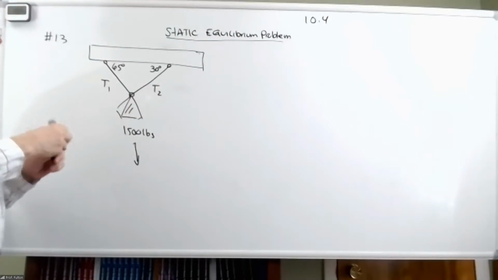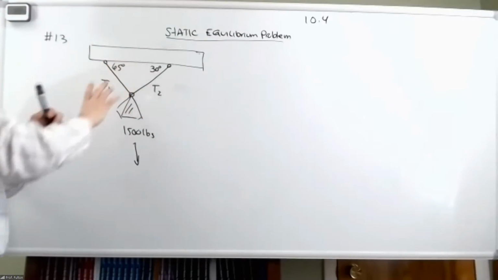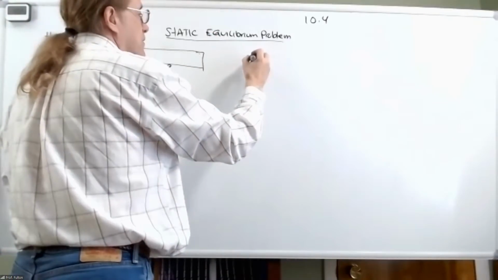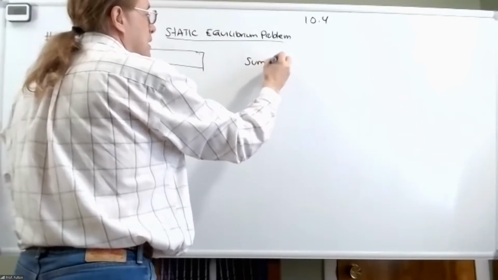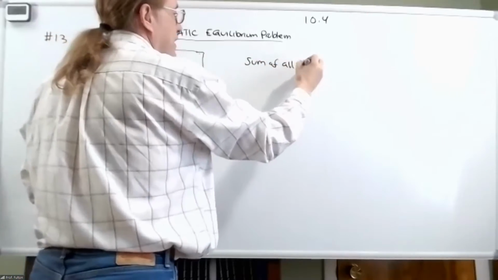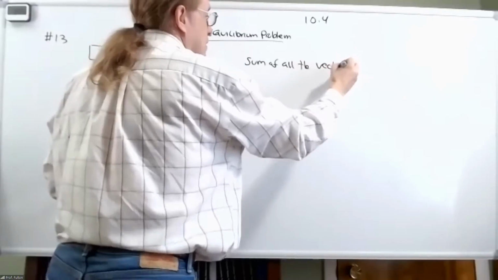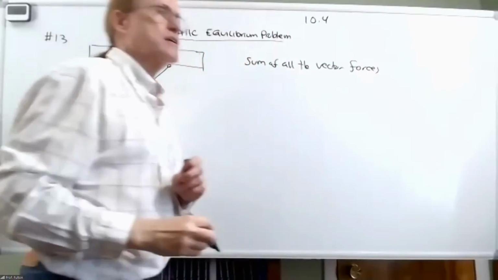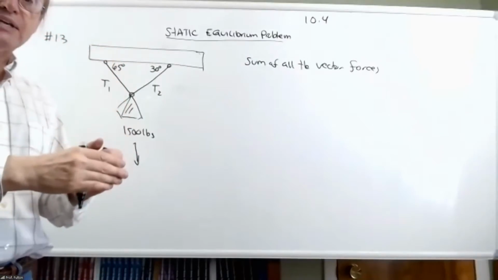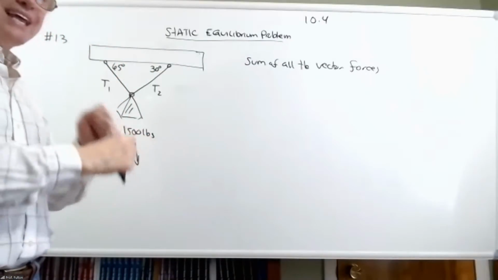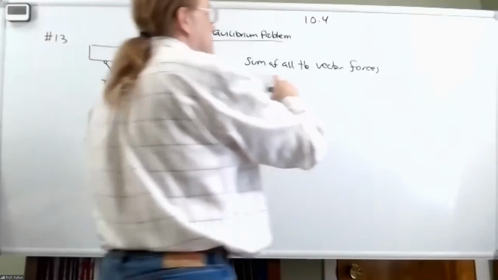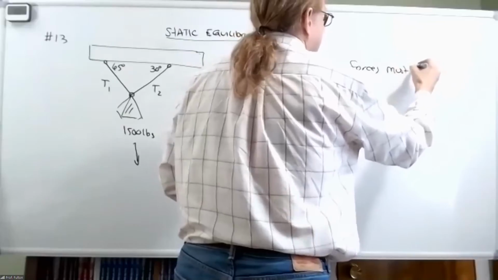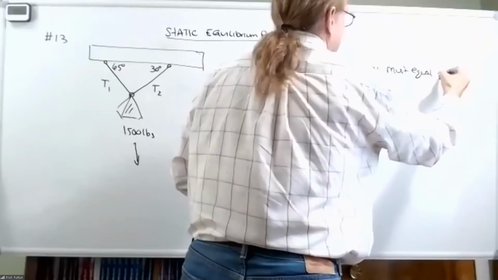So what we do is we take the important parts over here. Static equilibrium requires that the sum of all the vector forces, because it's force vectors that are acting on it, since a force has both a magnitude, how much of it, and a direction, must equal 0.